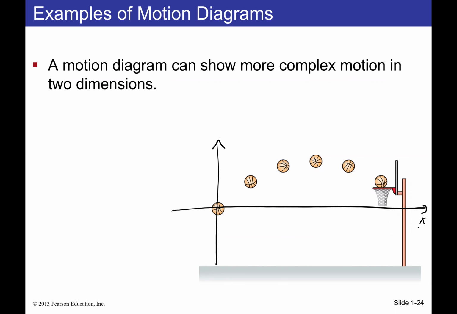Now I have two coordinate systems, x and y. So as a function of time, I can see the object here, let's say this is x1, this is x2. But there's also a y1 and a y2. Then the object is here.